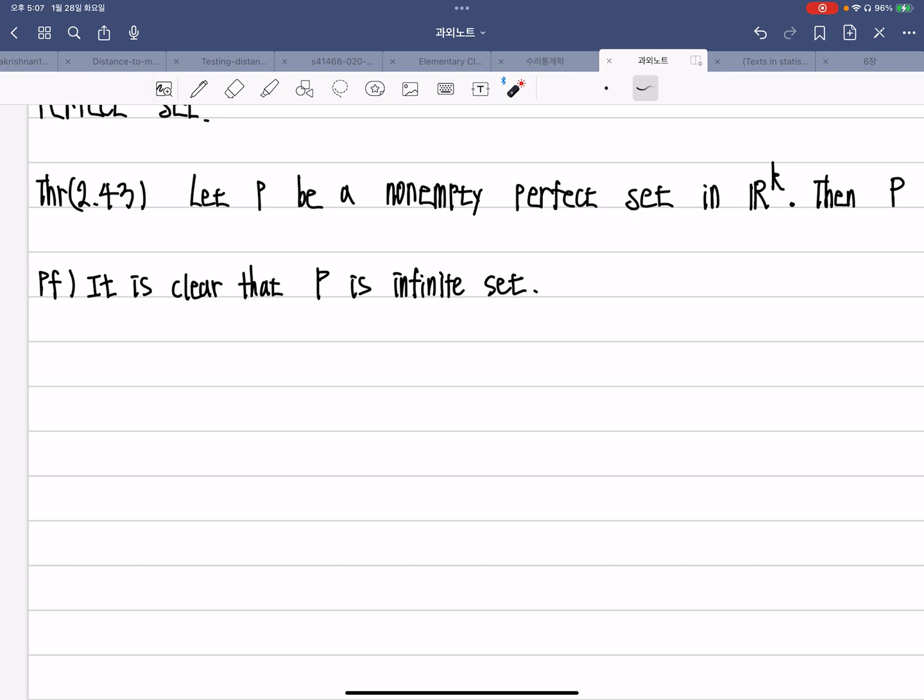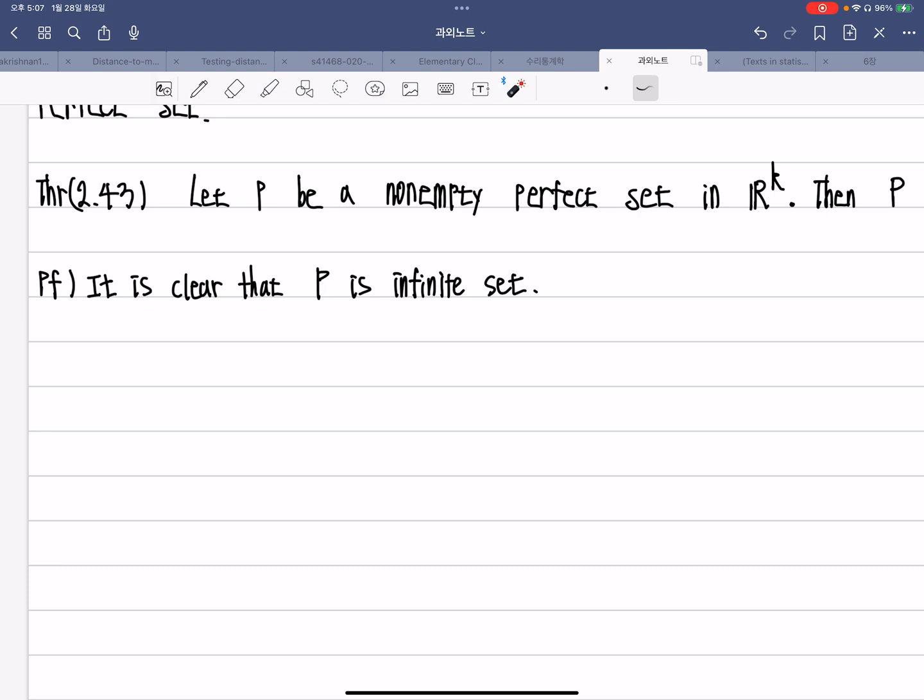This is not the result followed by closedness. The closedness implies any limit point is contained in the set. If there is no limit point, there's no guarantee that the set is an infinite set.